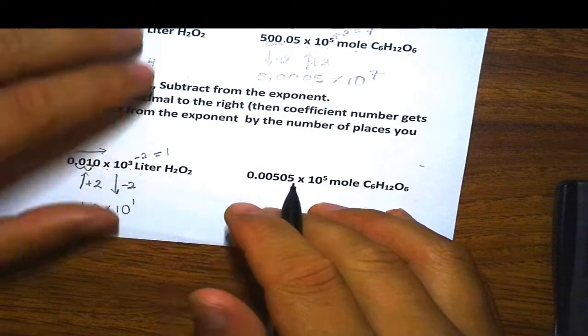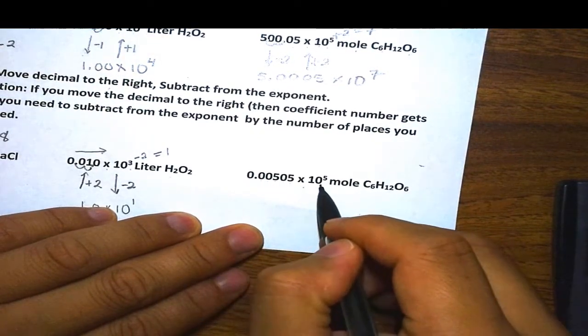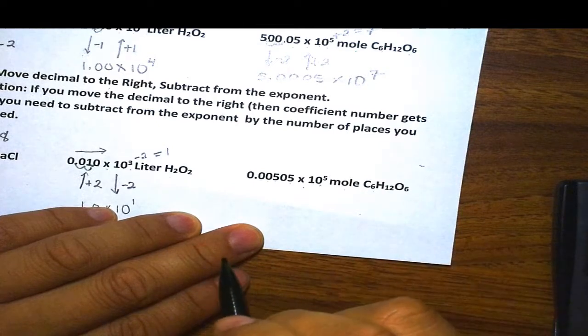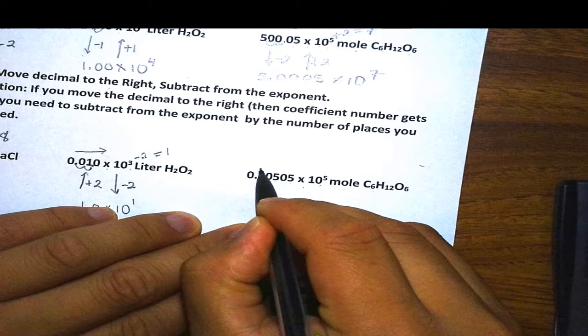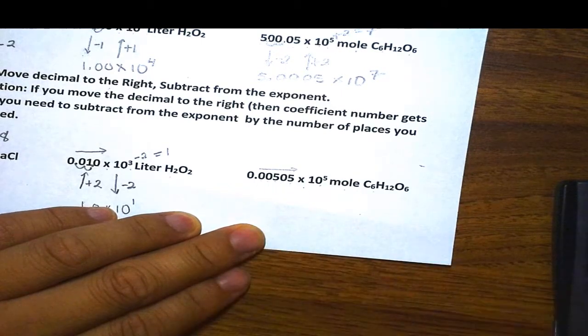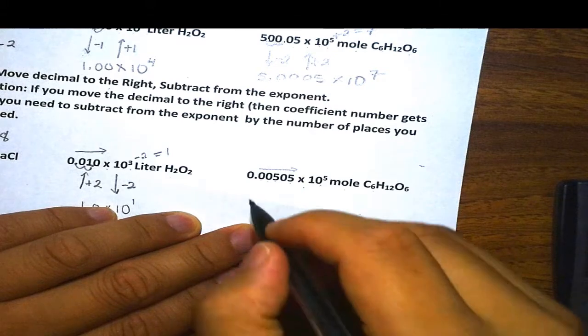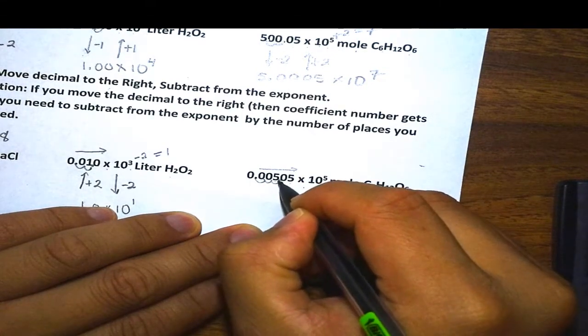Let's do another problem. Here I have 0.00505 times 10 to the 5th moles of glucose again. Because this is a lot smaller than 1, we have to move the decimal this way to make the value of the coefficient greater than or equal to 1 but less than 10. So 1, 2, 3, there you go, we have 5.05.